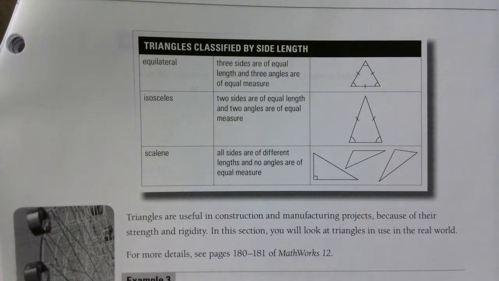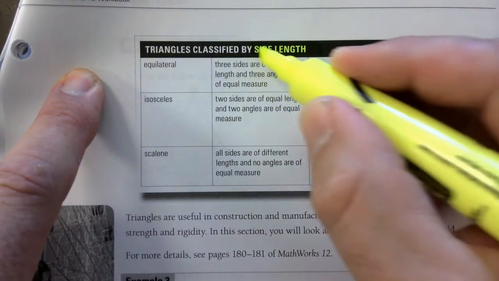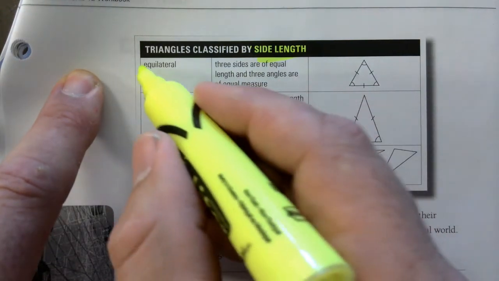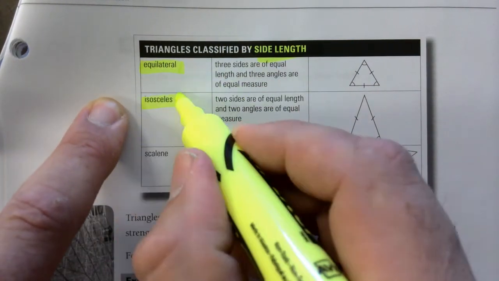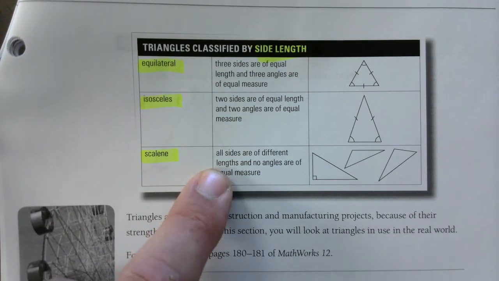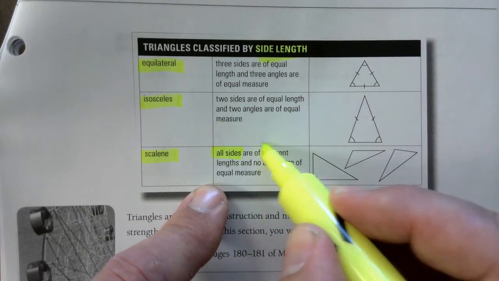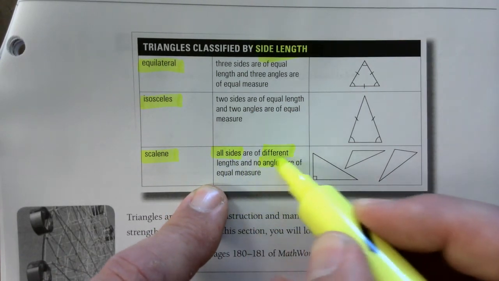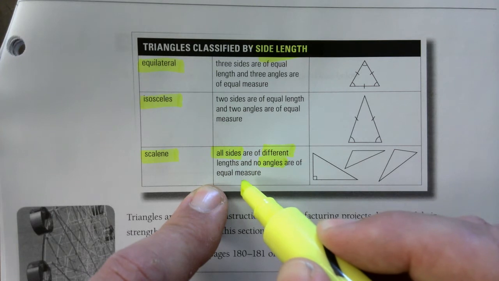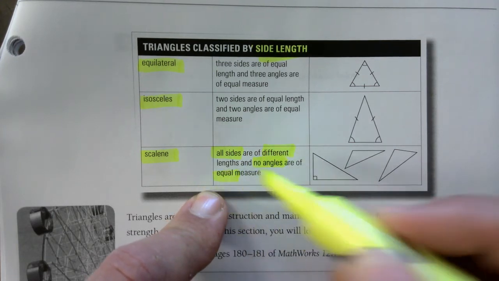By side length, you could have an equilateral, an isosceles, or a scalene. Okay, scalene triangles: all sides are different, and no angles are equal, right?